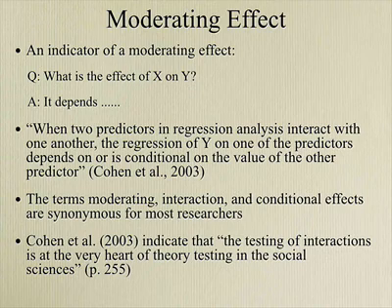The Cohen definition that I have there expresses pretty clearly what we talked about earlier in terms of defining what a moderating variable is. And you can debate Cohen's quotation regarding whether testing interactions is at the very heart of theory testing or not. I think that's a debatable point.